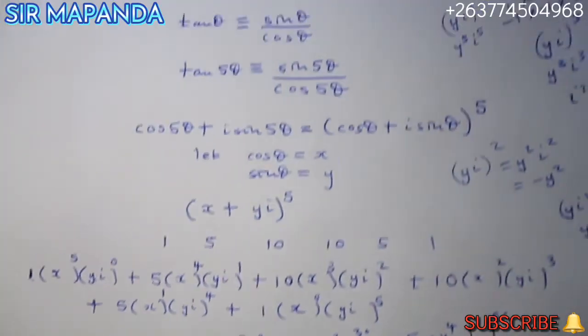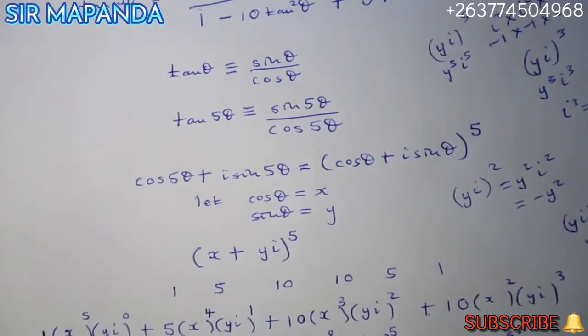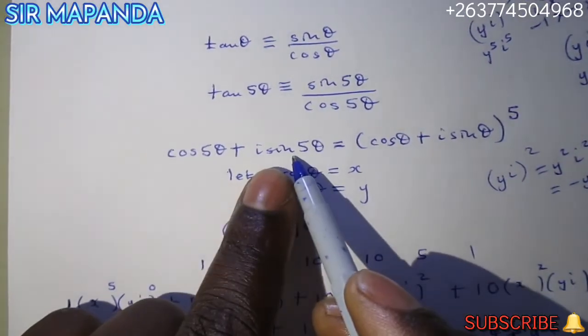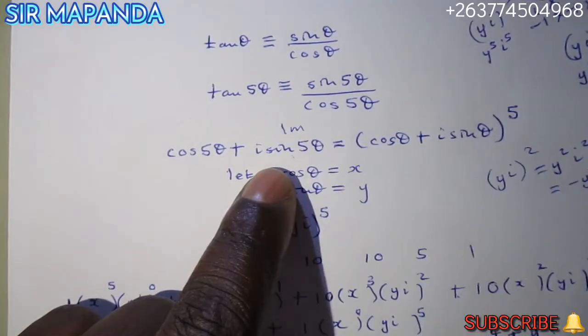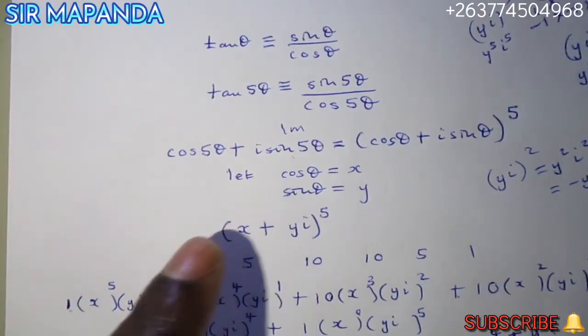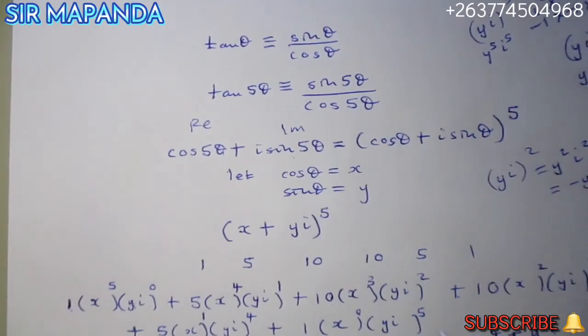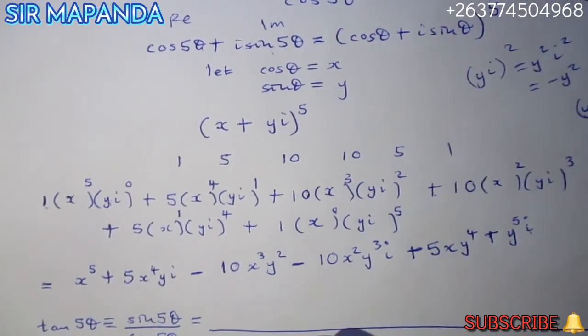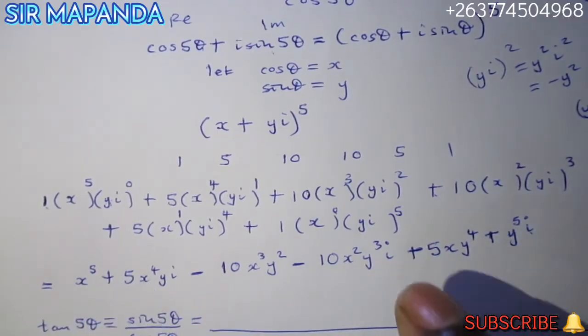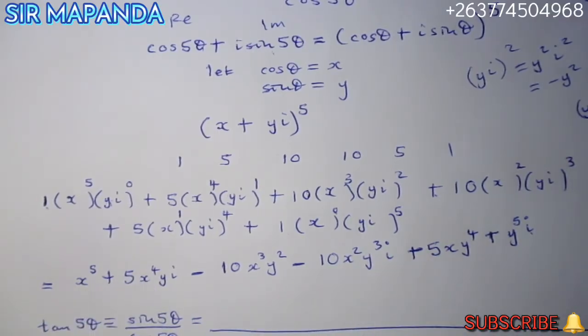So you can clearly notice that from De Moivre's theorem, sine is representing the imaginary part of the complex number. Then cos 5 theta is representing the real part of the complex number. So on the numerator here, I'm going to put terms with the i. Then on the denominator, I'm going to put terms without i.